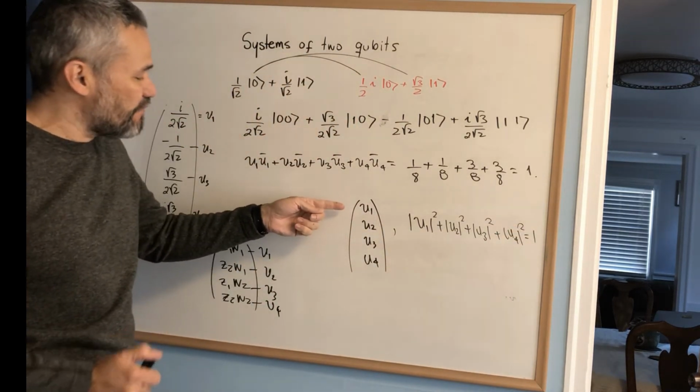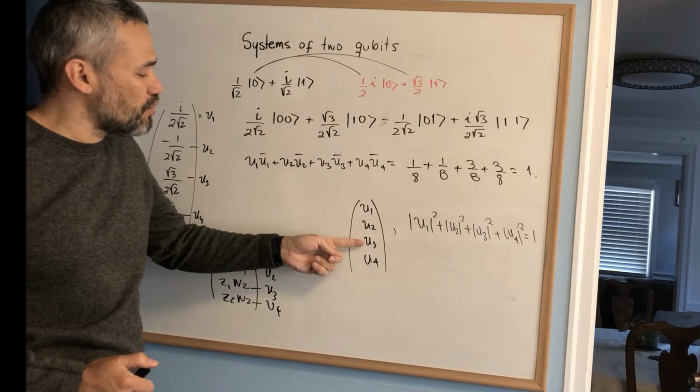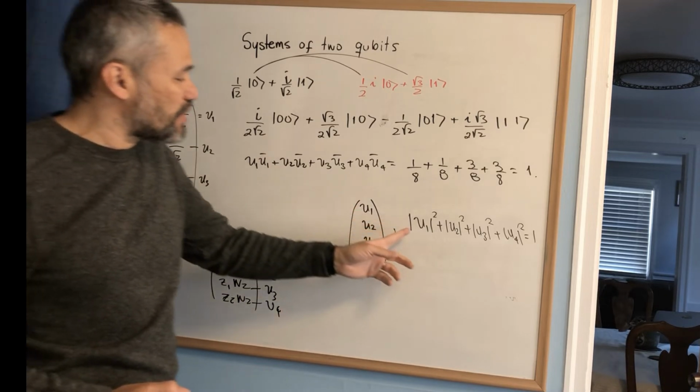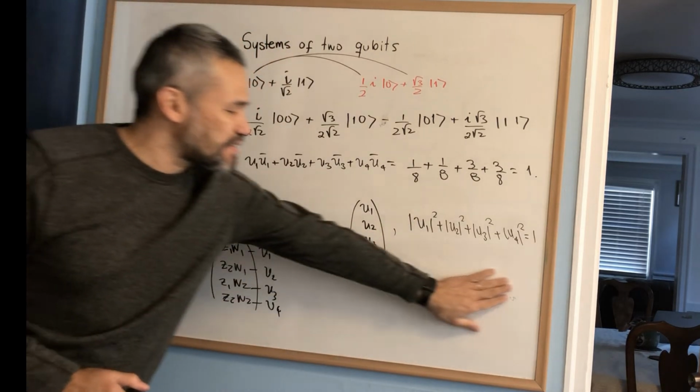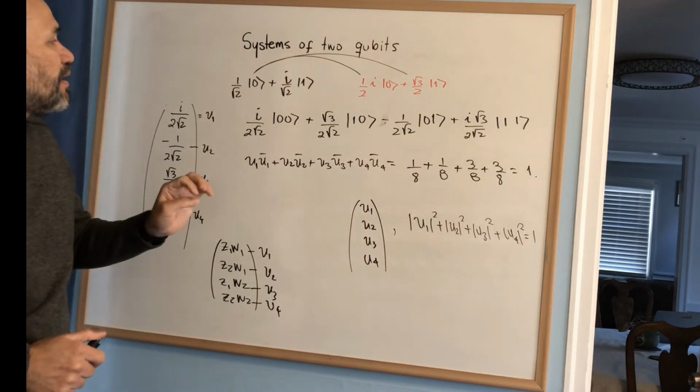Can we reach every combination U1, U2, U3, U4 with the property that this sum is equal to 1? And the answer is yes, but not so easy.